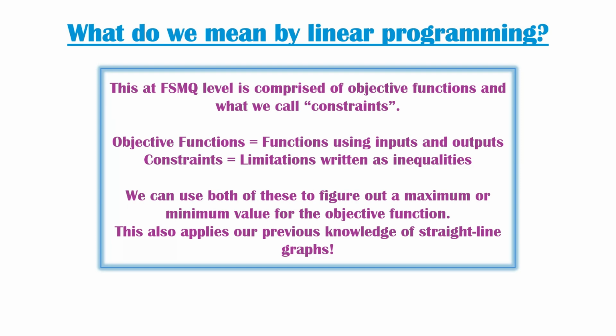Same with constraints, you determine it from what you're given in the question, and they're just written inequalities that state where you can go, what bounds you, what's the feasible region of this objective function. And you can use both of those to work out the maximum or minimum value. You also use straight line graphs to plot the inequalities to work out that feasible region.